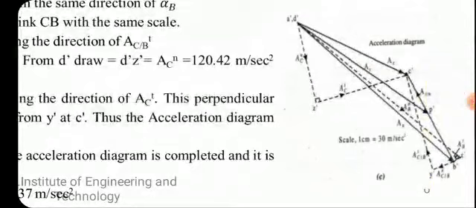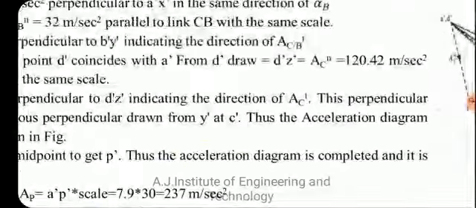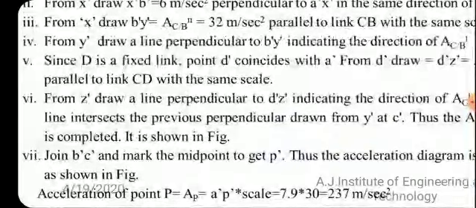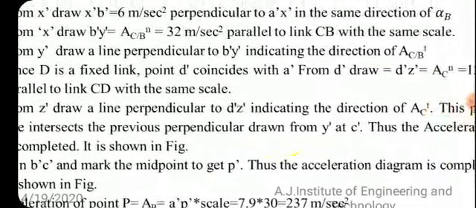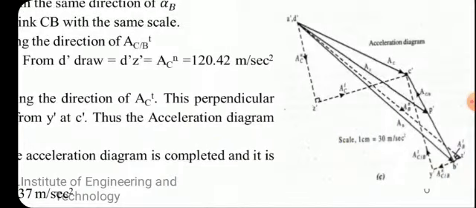Now please, from the B dash you take a_NCB, whose value you know. From this B dash you draw a line a_NCB. That value you know.